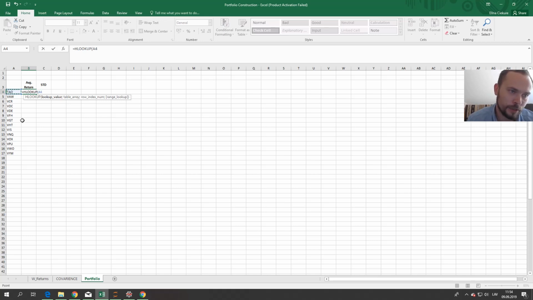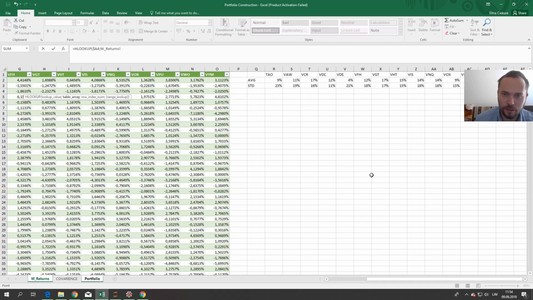That's one way of doing it. We will take this value, and I will lock the column, so you can either type the dollar sign manually or press F4 until you have this, like I did just now. And now the next thing you have to do is select the table, and it's going to be this table.